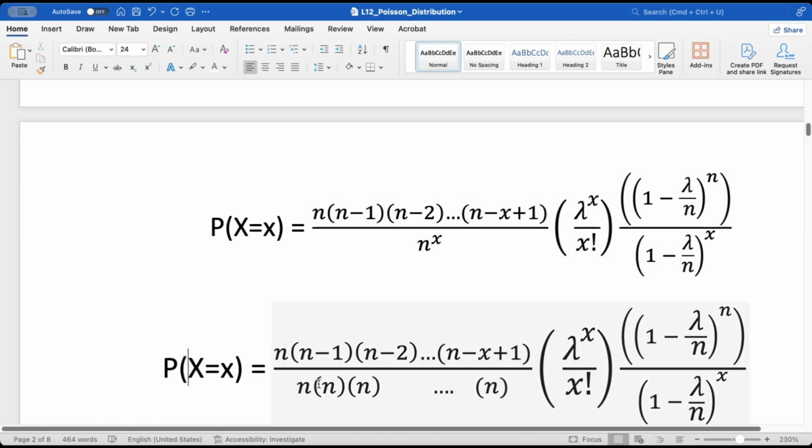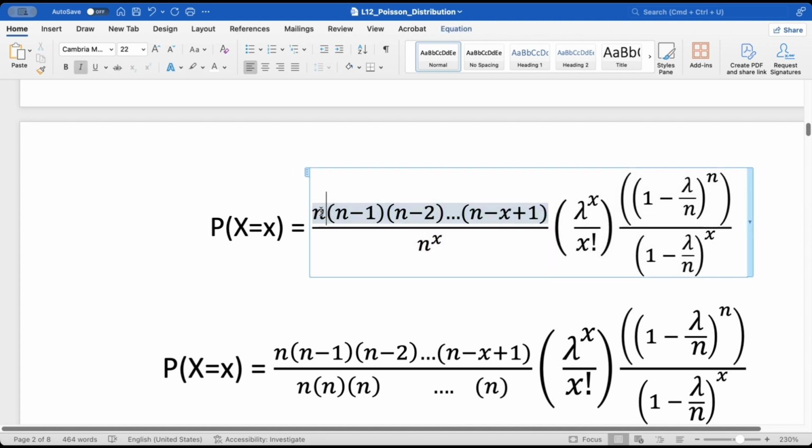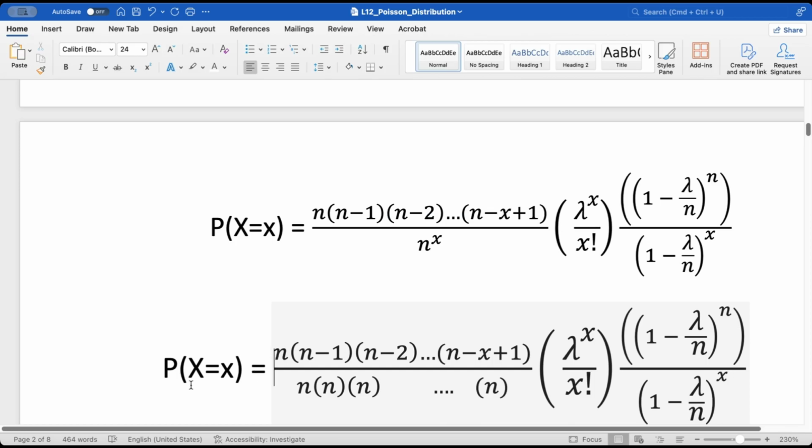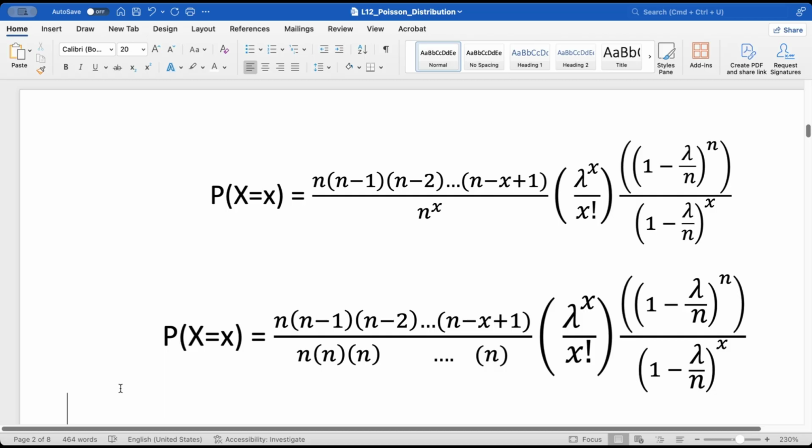Now, n to the x just means multiplying n out x times, and there are x terms in the numerator, because we have 1, 2, 3, up to x minus 1, plus this extra term here, n. Now, we're going to look at what happens to this expression as n goes to infinity.